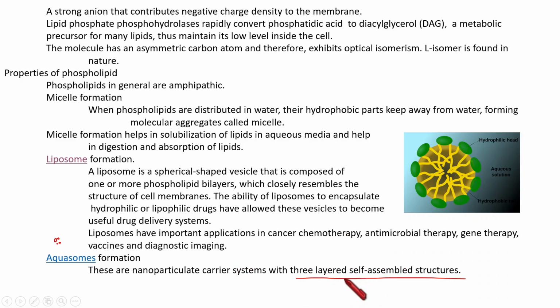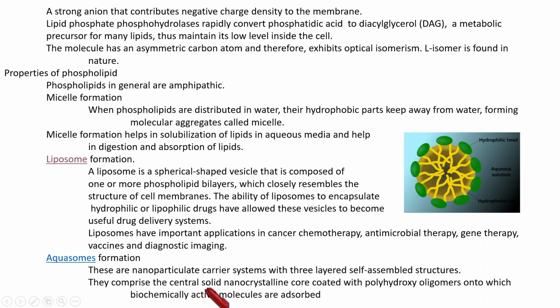What forms each of the three layers, I am going to tell you. The innermost layer is a solid nanocrystalline core, composed of many small nanoparticles as a filling. It forms the core. To that is added a coating of polyhydroxy oligomers, a carbohydrate coating.